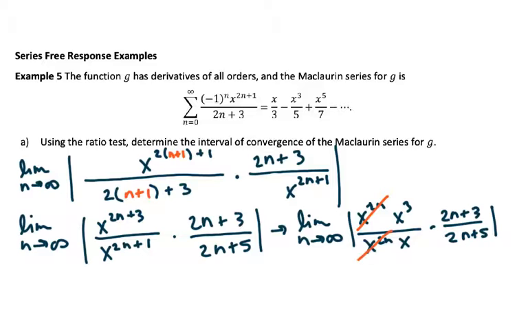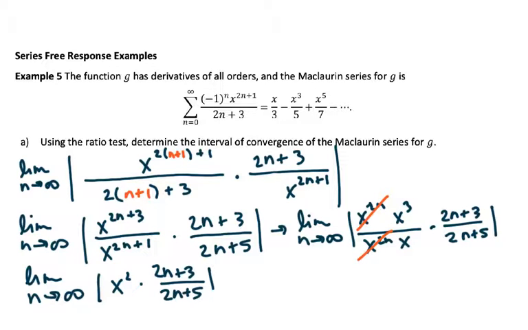So this and this term will simplify away, and we'll be able to write it as the limit as n goes to infinity of x squared times 2n plus 3 over 2n plus 5. And thinking of our limit rules, we have the same degree on the top and bottom, so it's a ratio, and 2 over 2 is just 1.